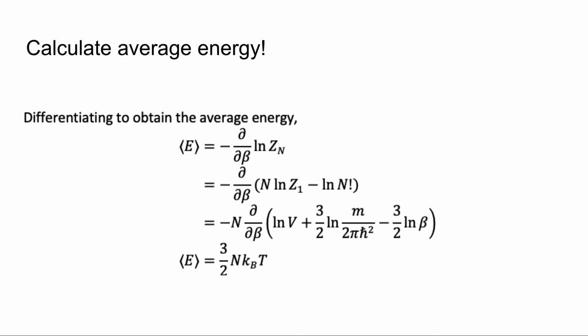From the Boltzmann distribution, we managed to obtain formulas for average energy in terms of the partition function, and from that formula, we managed to derive the average energy of an ideal gas.